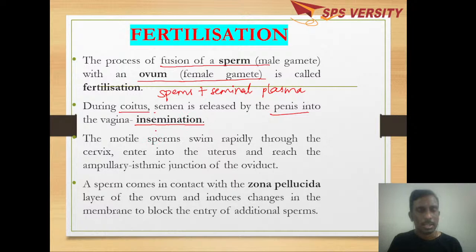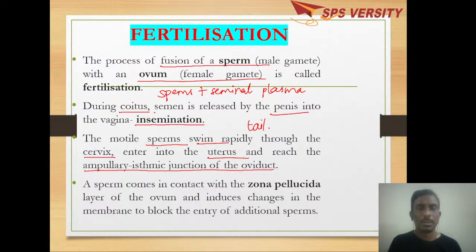Now the semen is released into the vagina. So the sperms present in the semen will swim, as they have a tail, they can swim in the fluid of the cervix, which will enter into the uterus, and they will enter into the ampullary isthmic junction of the oviduct.